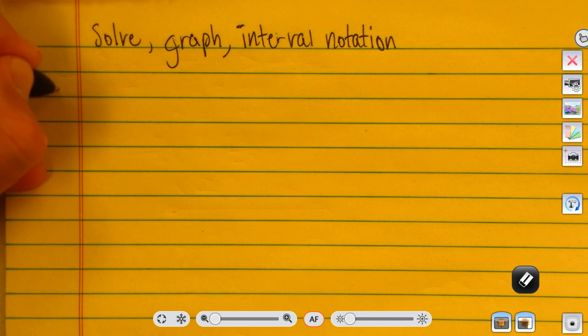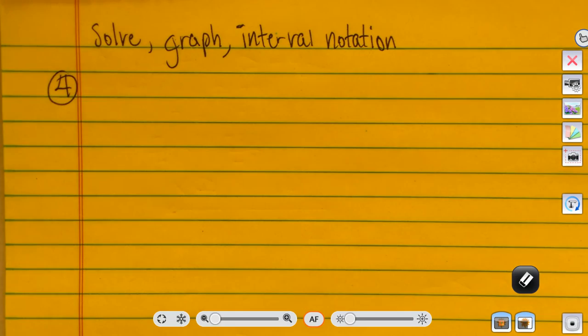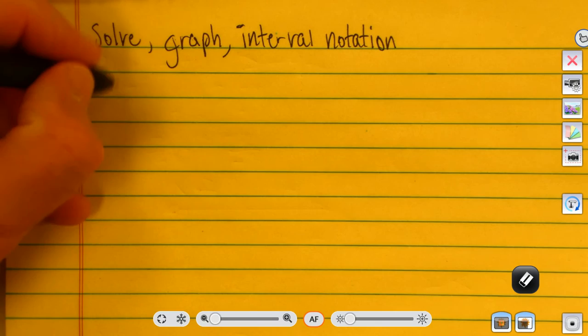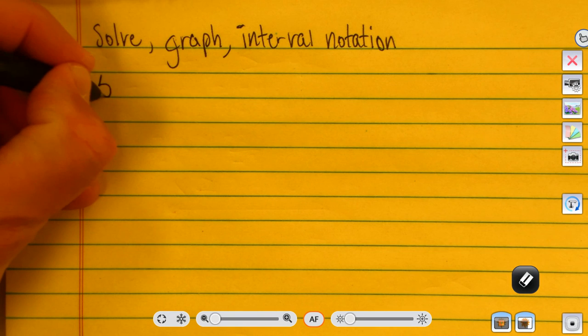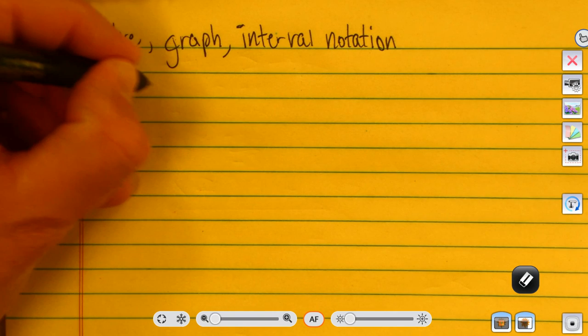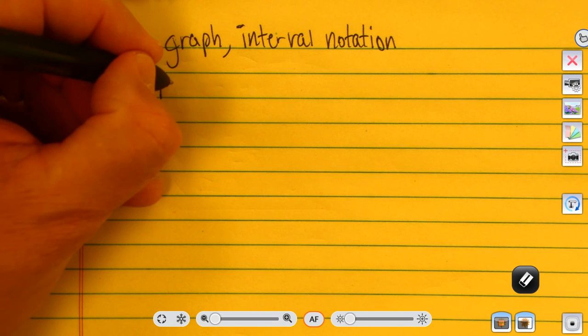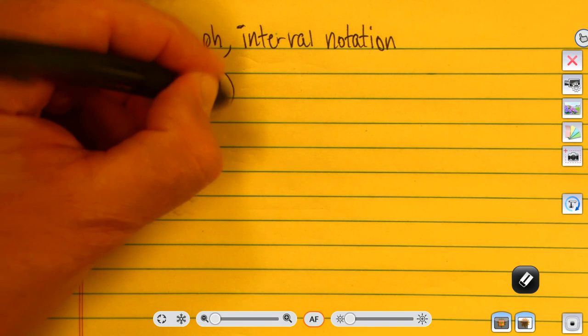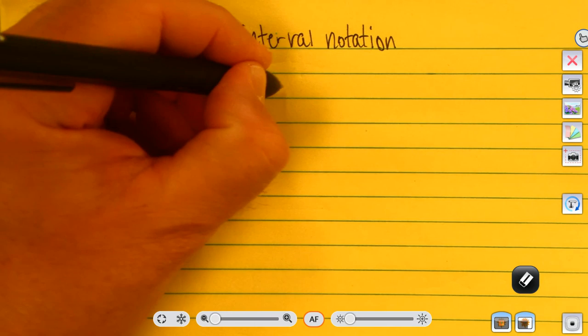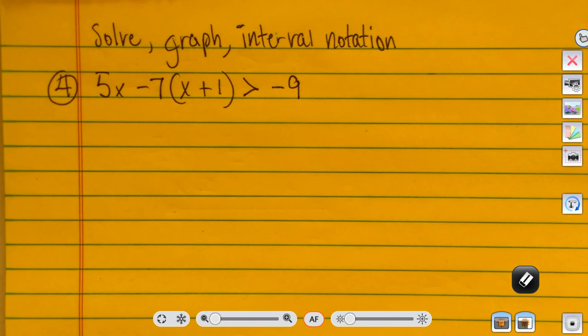Then we'll skip number 3 and go to number 4 in the handout. So this problem is 5x minus 7 times x plus 1 is greater than negative 9.